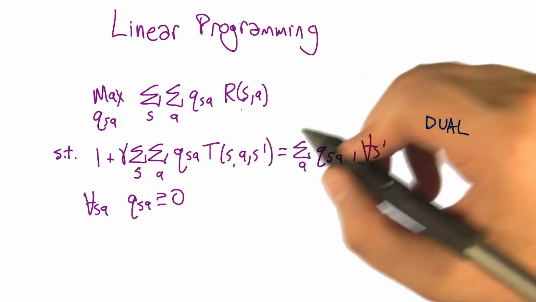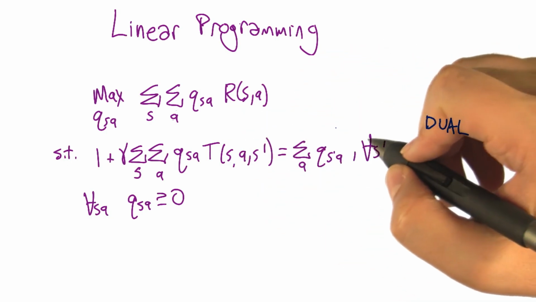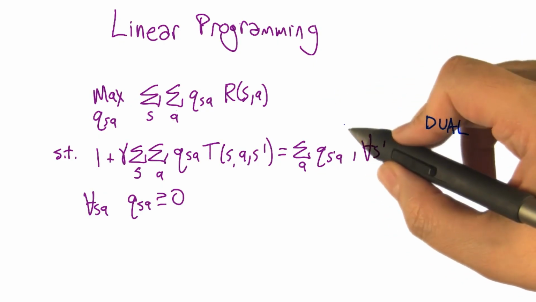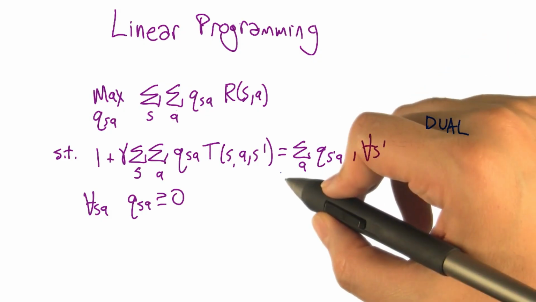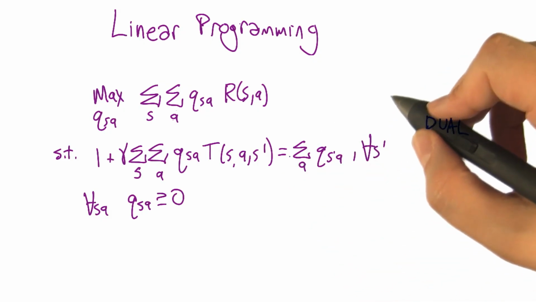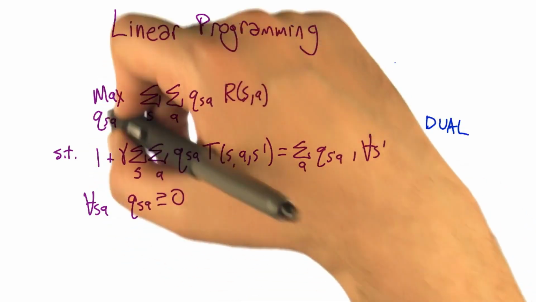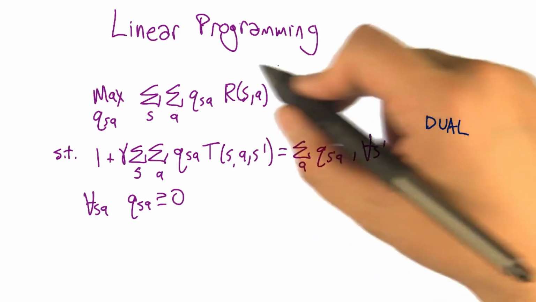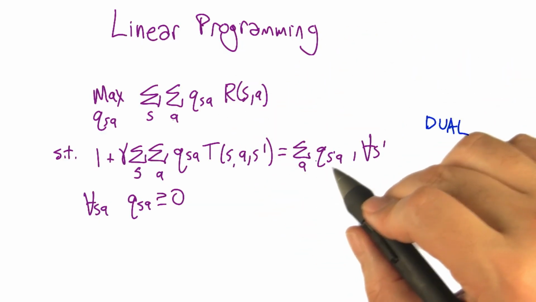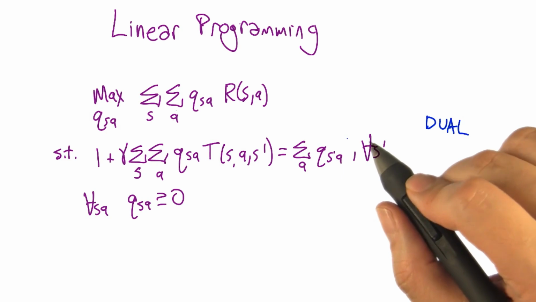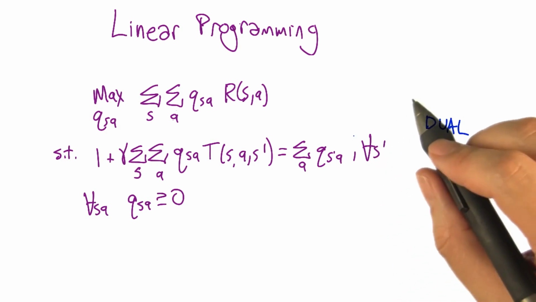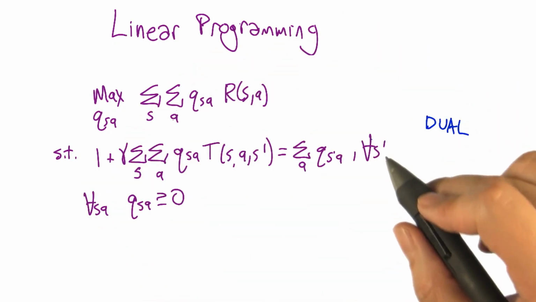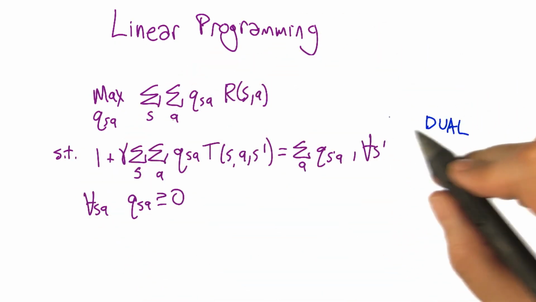The process of producing the dual of a linear program is just a mechanical process. There's a series of steps where each constraint from the primal becomes a variable in the dual, and each variable in the primal becomes a constraint in the dual, and certain maxes become mins, and bounds become objective function terms. I've gone through that process, which we could go through in detail, but let's just pretend that we did, and we create a new linear program from the old one, and the new one is called the dual.